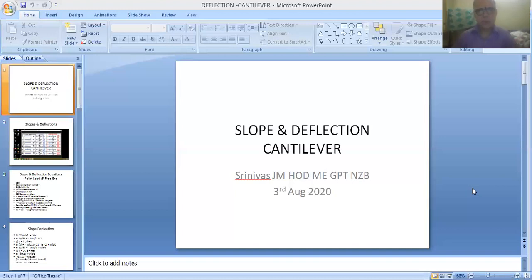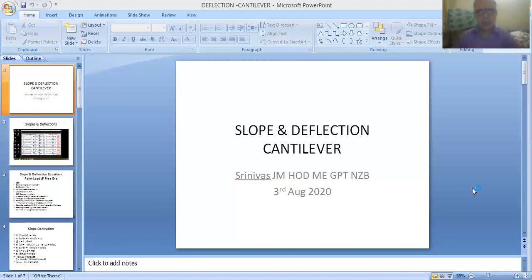Firstly, we have to take up the study of point loads and note down the formulas for slope and deflection. And finally, we have to take up the case of UDL acting on the cantilever, and note down the formulas of slope and deflection values.